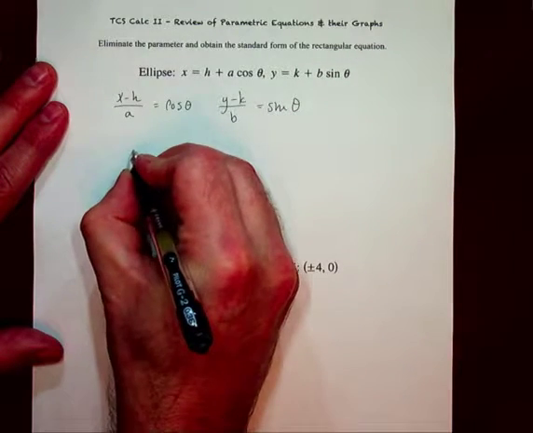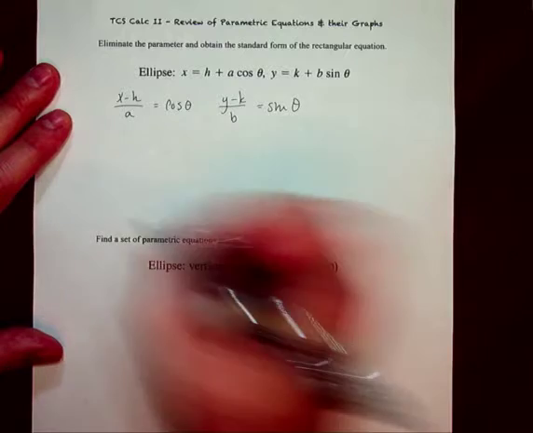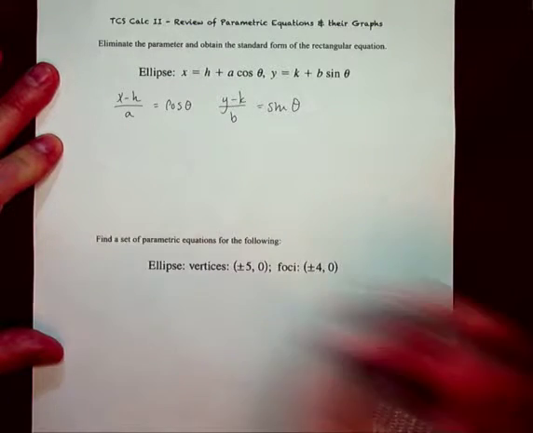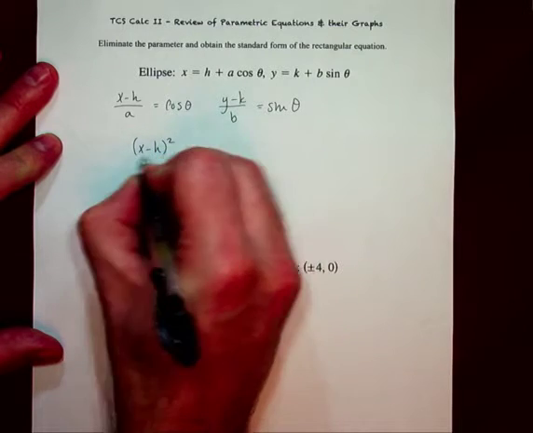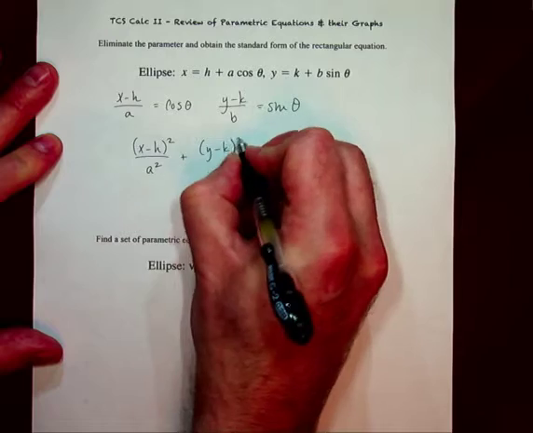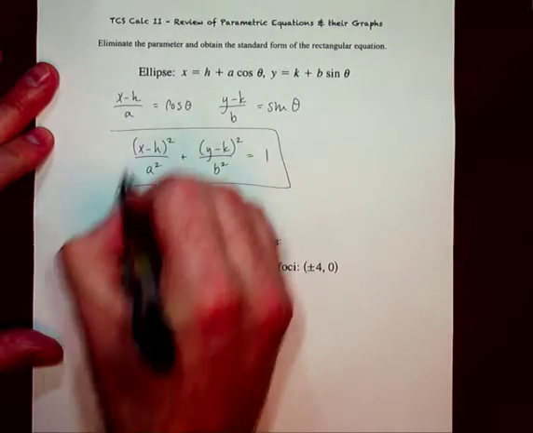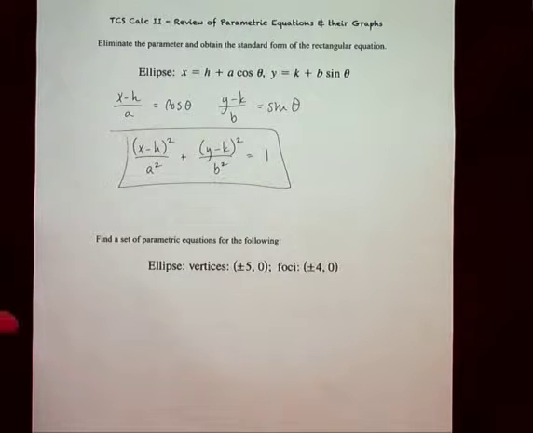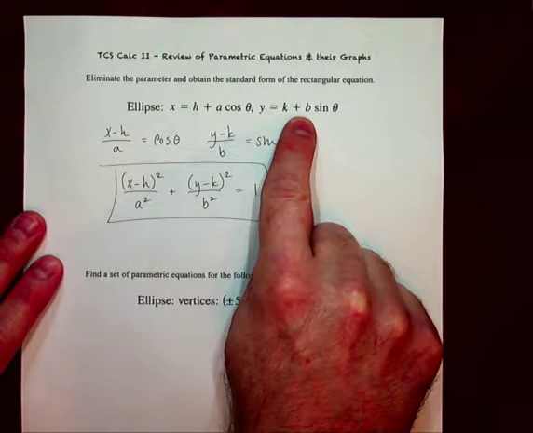And so what we have when we plug it into the sine squared plus cosine squared is equal to 1, or in this case it'll be cosine squared plus sine squared is equal to 1, but it doesn't really matter because addition is commutative. We will get that. And that, in general, is what the equation of the ellipse looks like in rectangular form. And it came from what the equation of ellipse looks like in parametric.